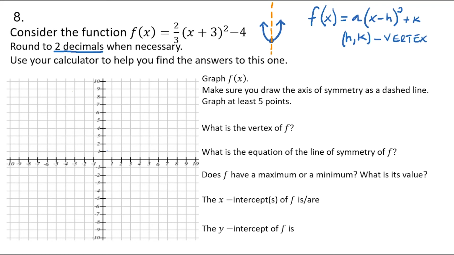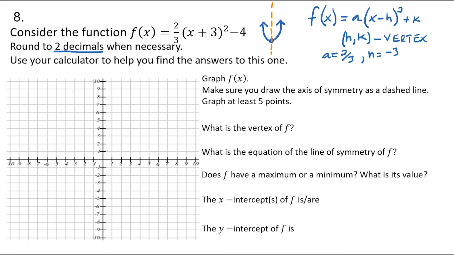And when we compare the general vertex form to what they give us, we can see that a is equal to 2/3, and then our h is equal to, and be careful, because the general form is x minus h, and what they give us is x plus 3, that means that h has to be -3.